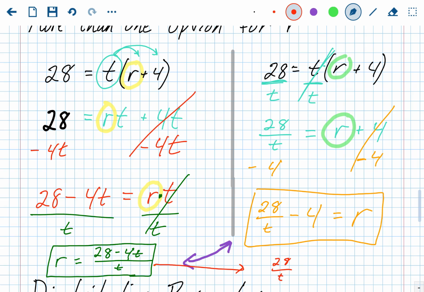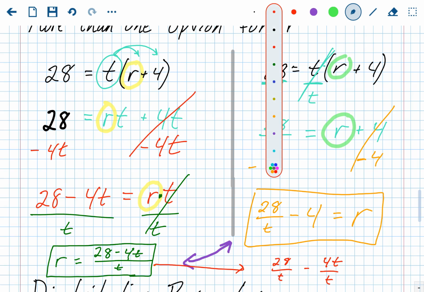When you have multiple terms on top and one term on the bottom, you just take each term on top and divide it individually by the bottom. So you can do 28 divided by t separately, then minus 4t divided by t. You'll notice those t's will cancel out, and you're just left with 28 over t minus 4, which is the same thing as above.